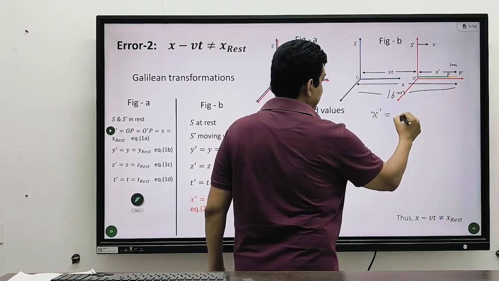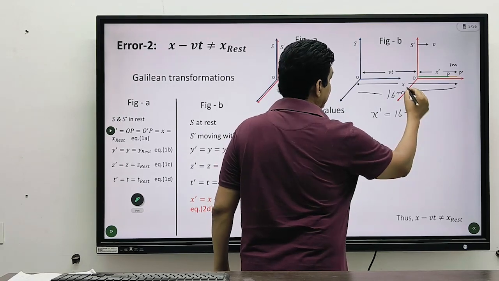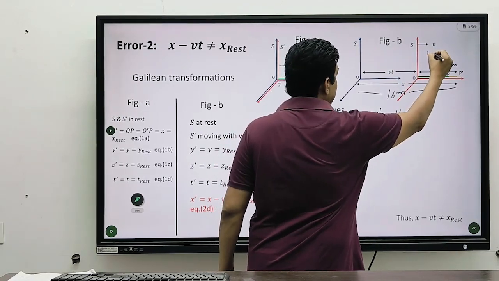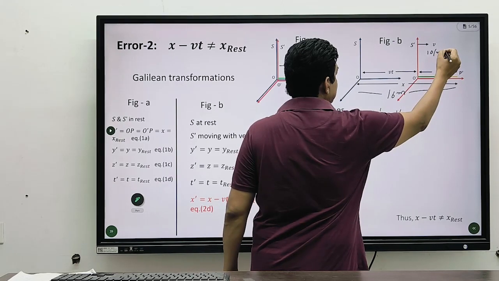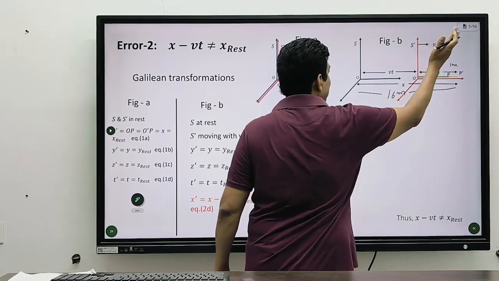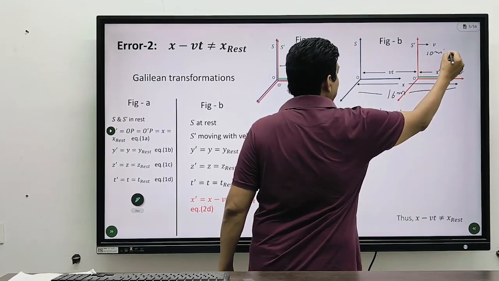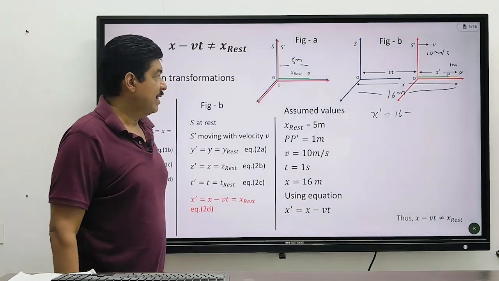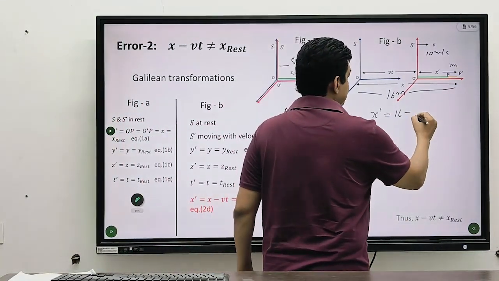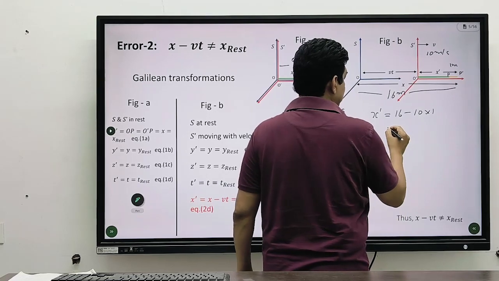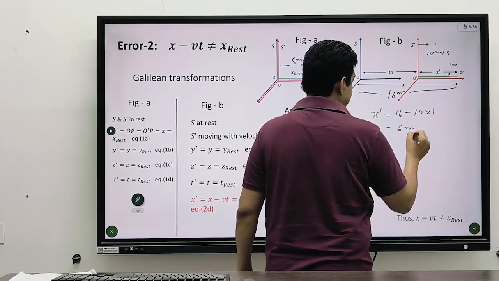X is what? 16 meter minus v, velocity is 10 meter per second, right? And time we have taken as 1. So that is 6 meter.